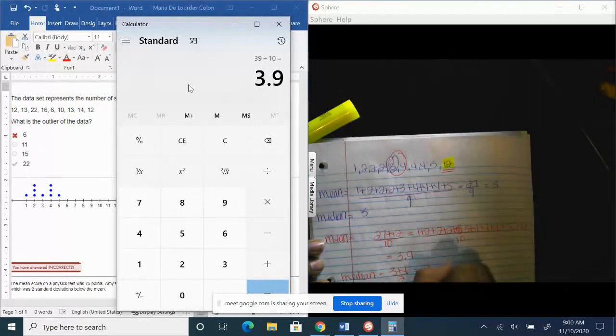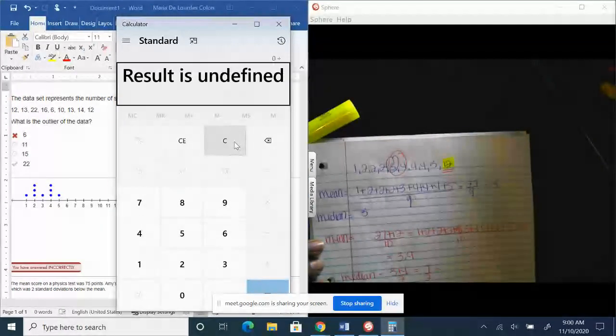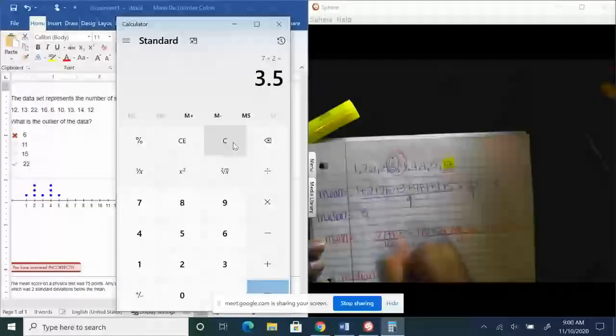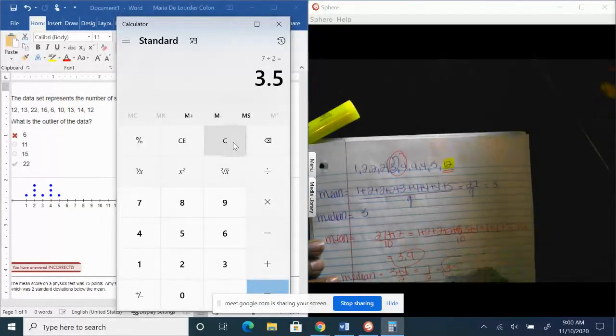So 7 divided by 2 is 3 and 5/10. So once again, when we compare them, it's increased.